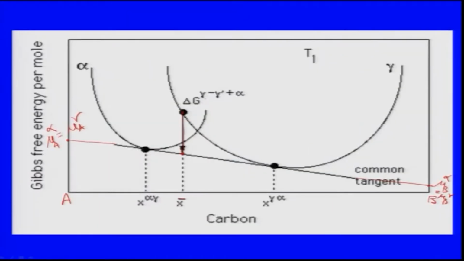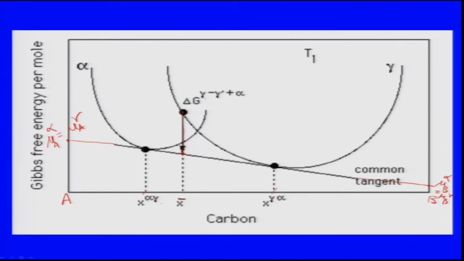This alpha gamma means, suppose, the equilibrium composition of the alpha phase in contact with gamma, and the equilibrium concentration of the gamma phase in contact with alpha. They will remain in touch with each other, but their compositions will be different. One composition is here, the other composition is there. That is why you have to mark alpha gamma here and gamma alpha there, otherwise it will be confusing.